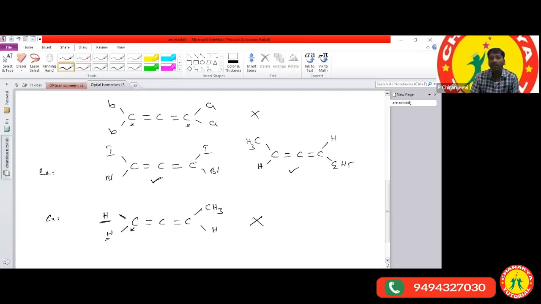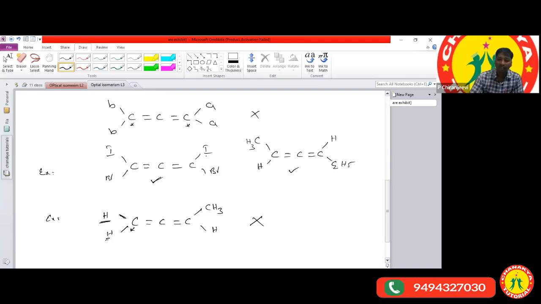The compounds which contain a chiral carbon exhibit optical isomerism, and biphenyls and allenes also exhibit optical isomerism. Until here clear? Next, what is another important point?